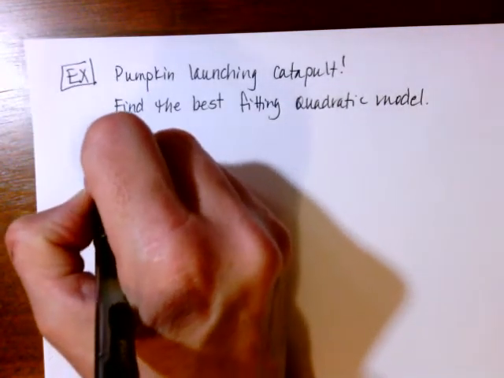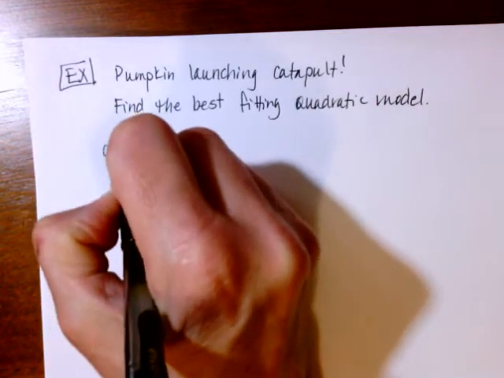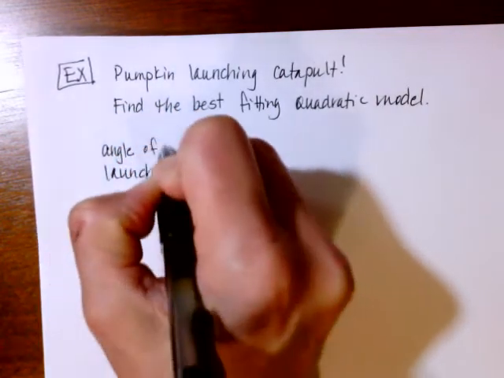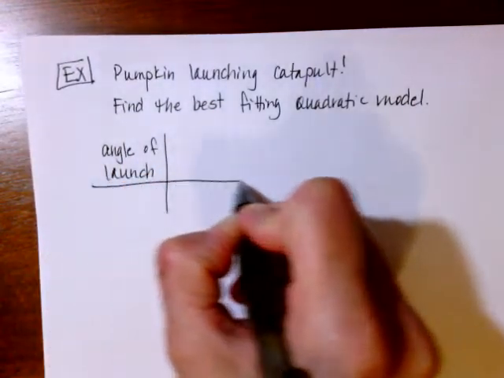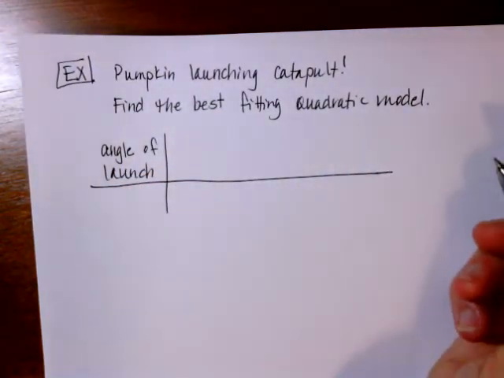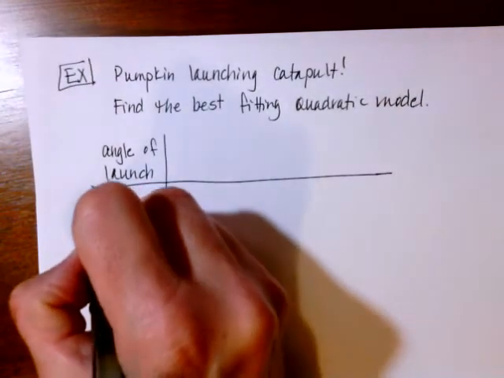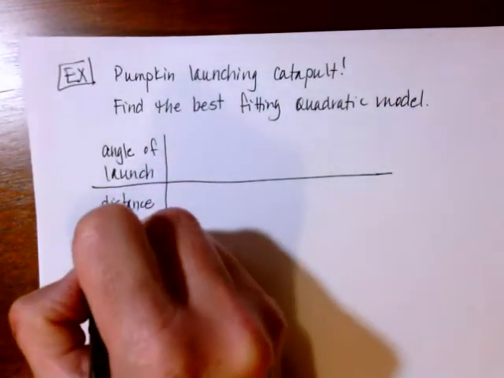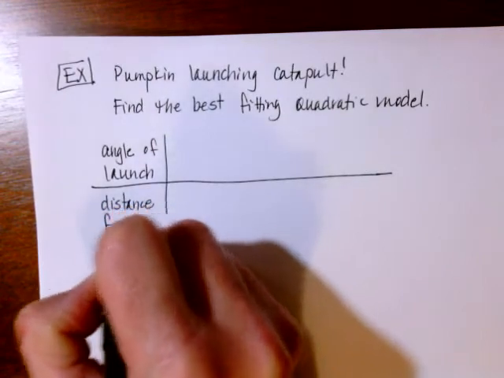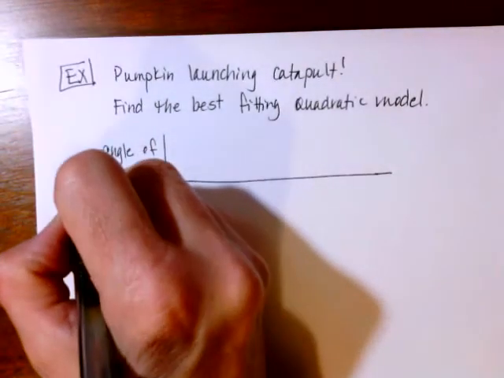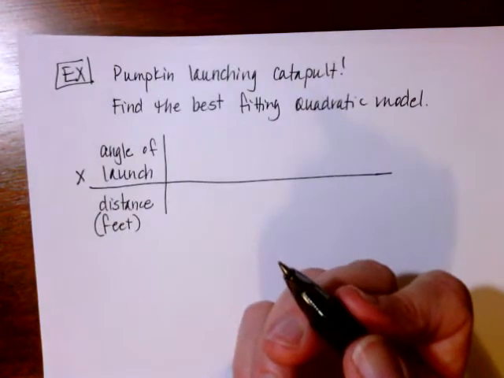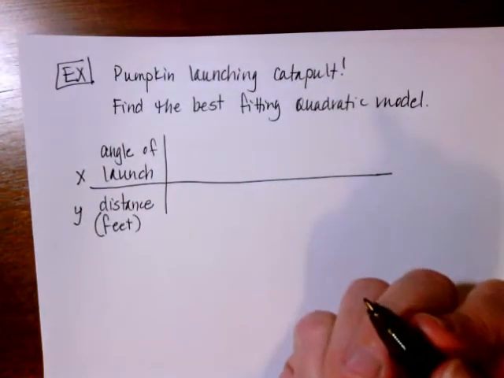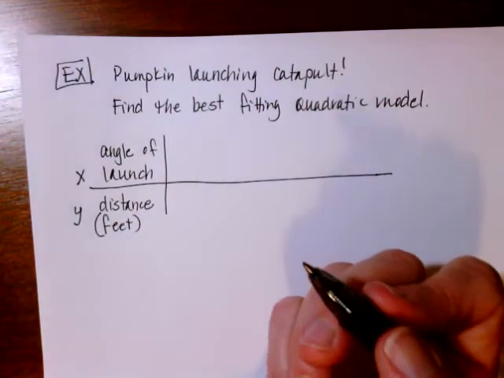So I'm going to have my angle of the launch. That can change, and that changes what happens to my pumpkin. And then I'm going to have the distance that the pumpkin travels, and that distance is going to be in feet. This is going to be my x variable, which is the independent variable, and this is going to be my dependent variable, y.